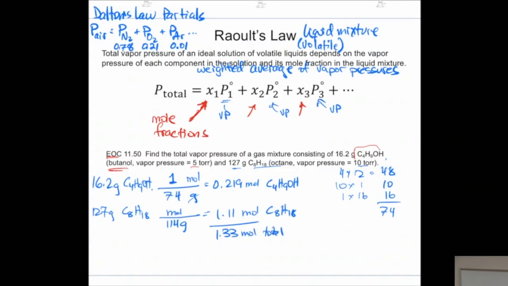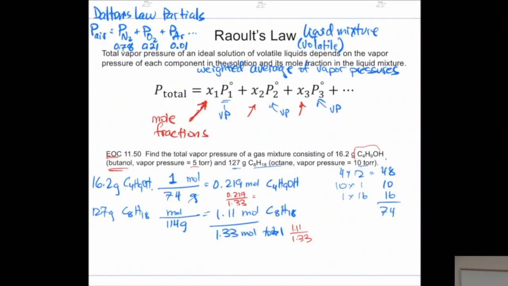So the mole fraction for butanol is going to be 0.219 divided by 1.33, and the fraction for octane is going to be 1.11 divided by 1.33. And I don't want this in percent. We want to keep this as a fraction.